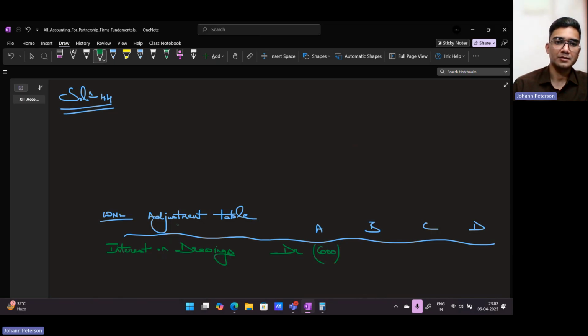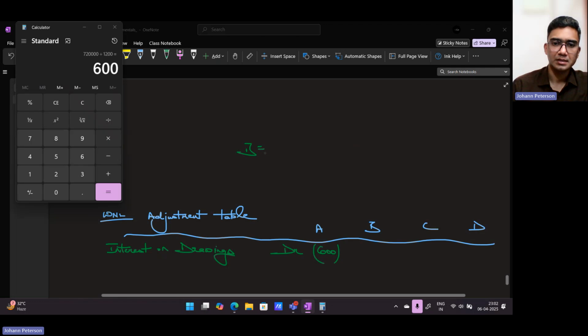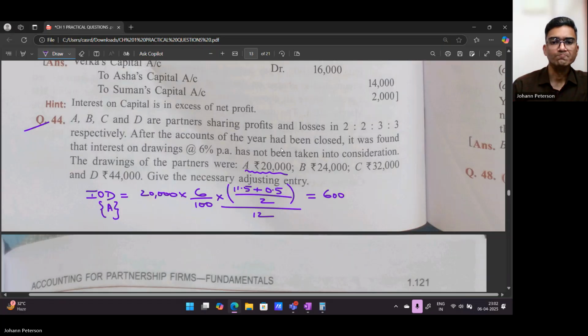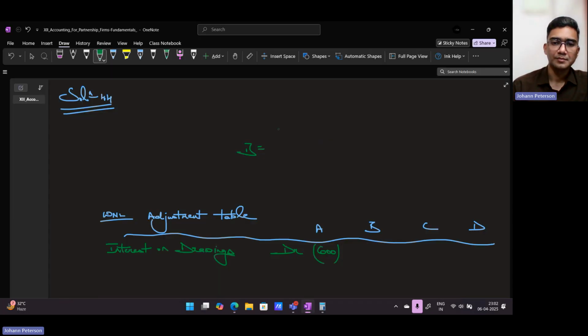For B, now let's calculate for B. I'll just work it out on the top and I'll delete it after some time. So for B, my total drawings are 24,000. So 24,000 into the rate, which is 6 upon 100, into average period, which we saw was 6 upon 12.